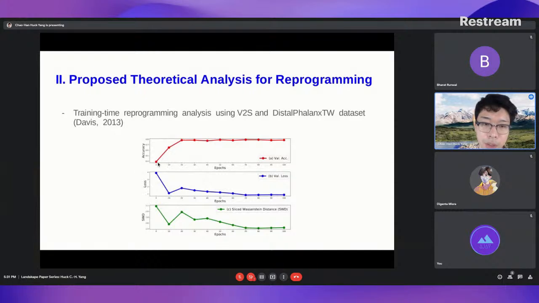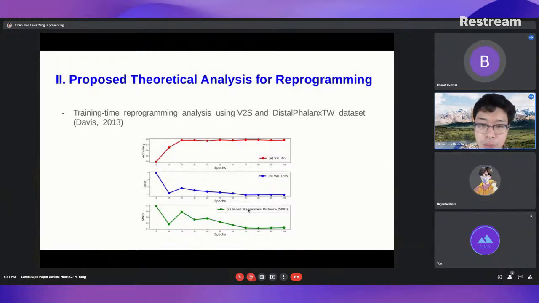You can find that when the test accuracy increases, the loss decreases, and this sliced Wasserstein distance also decreases. One thing I want to highlight is that it is not monotonically decreasing. Sometimes this sliced Wasserstein distance still increases while the loss decreases. So they have some correlation, but they are not monotonically correlated.